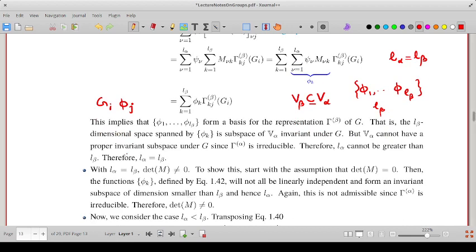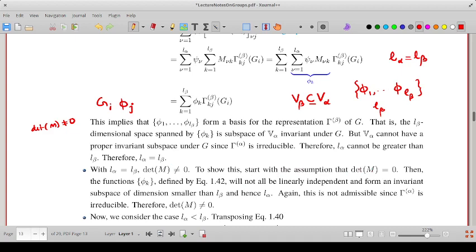So with the condition that L alpha equals L beta, M is a square matrix, because M was a matrix of order L alpha by L beta. Now L beta is equal to L alpha, and then we can talk about a determinant. Then we can show that the determinant of M in this case is not equal to 0. And this is because of the following.